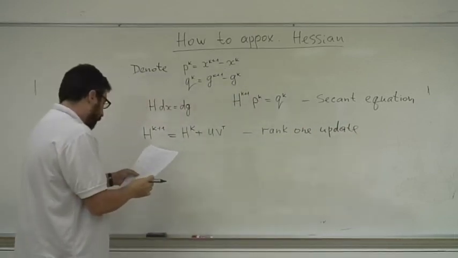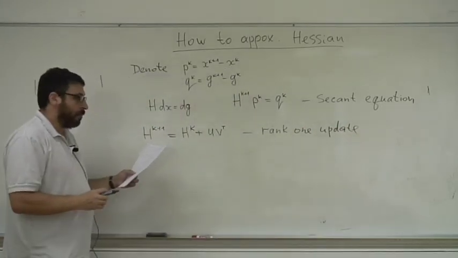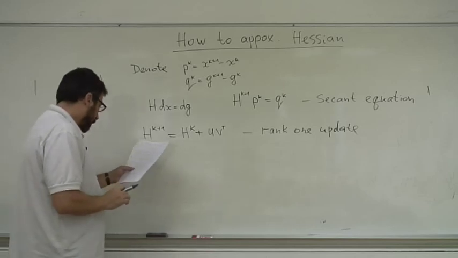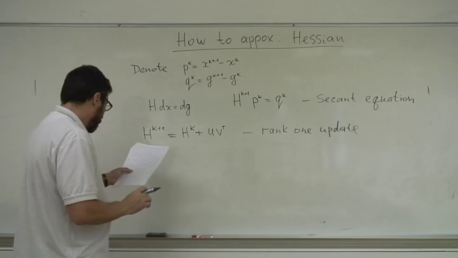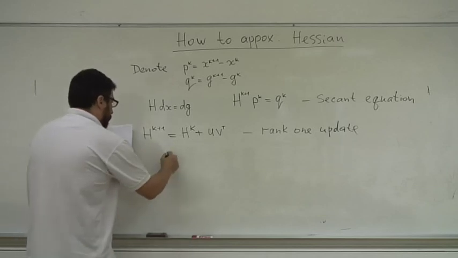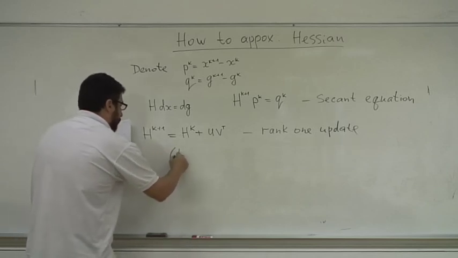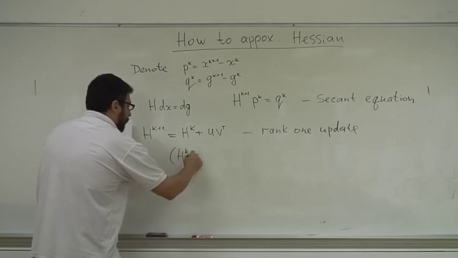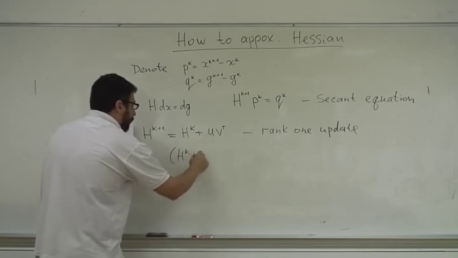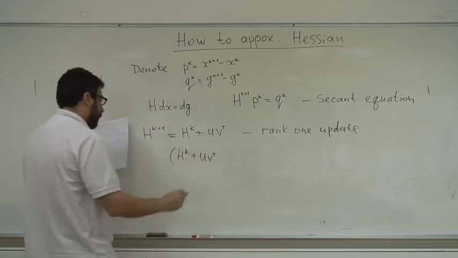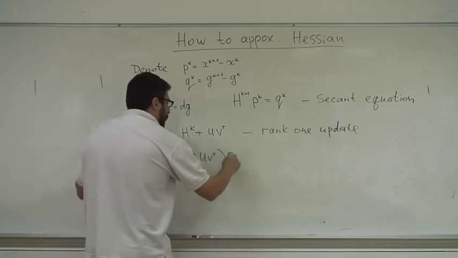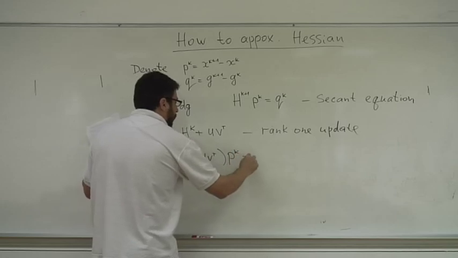So what I am looking for is H_k, I write it just once more, plus u v transpose, times p_k is equal to q_k.